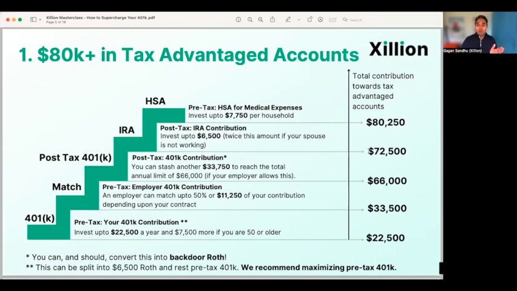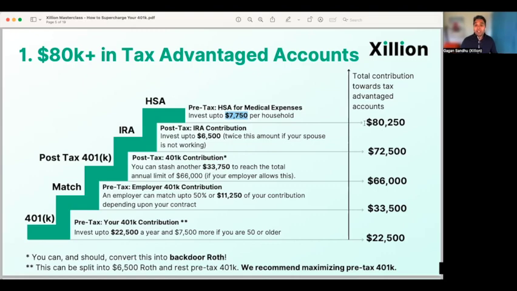Now you're able to contribute a total of $72,500. And if your employer offers an HSA, the health savings account, and you have a high deductible health insurance plan, you can opt for an HSA. If you opt for an HSA, you can contribute another $7,750 per household towards your retirement account, basically.